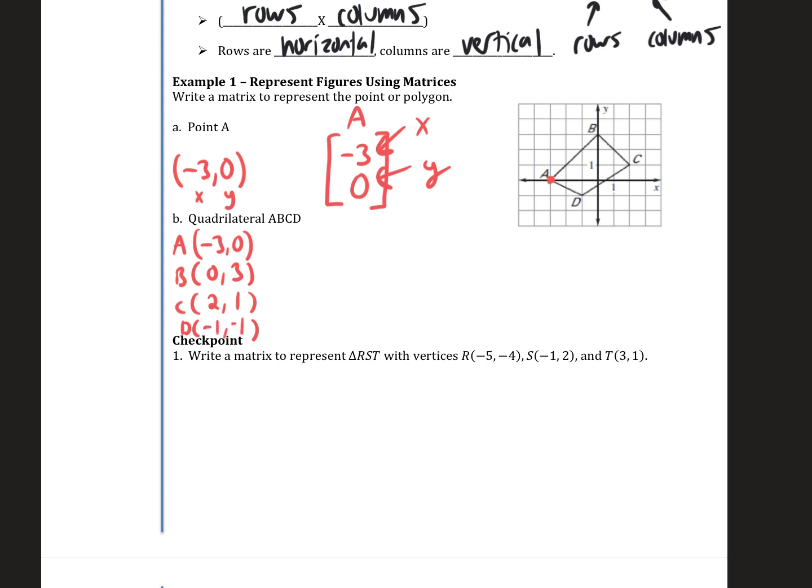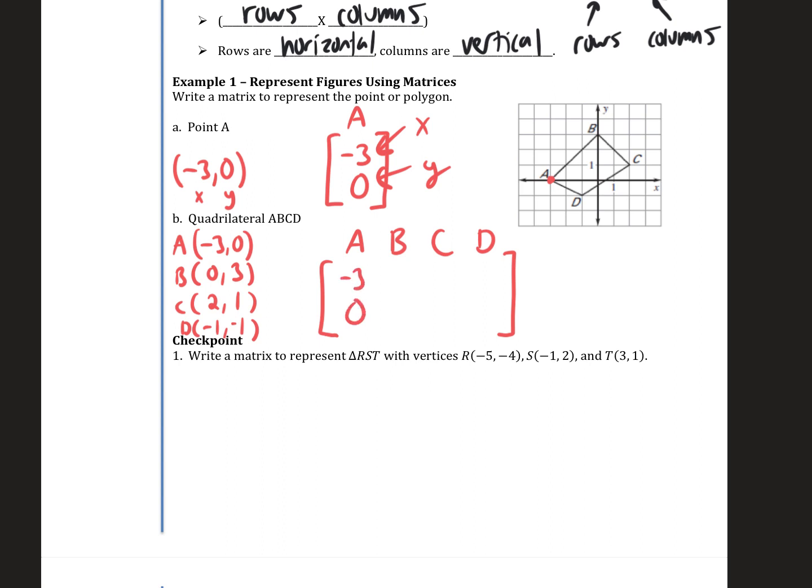So we're going to do a similar thing. We're just going to make a wider bracket now, and the letter for the matrix is going to be above. A was above here. Here are B, C, and D, and we close the bracket. Like we did for A, we had -3, 0, x goes on top, y goes on the bottom.